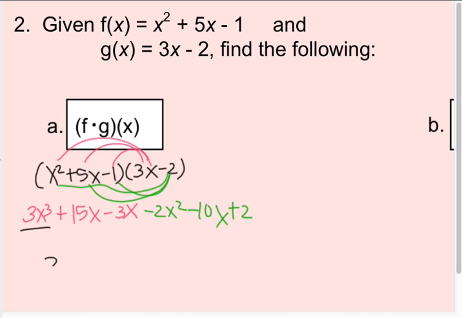Then I would combine my like terms. 3x to the third, that's the only one I have. Then I would go, keep it in order, I'd have minus 2x squared. Now I have my x's. And if you look, I made a little mistake, didn't I? 3x times 5x should be 15x squared. My bad. So I need to combine negative 2x squared and 15x squared would be 13x squared.